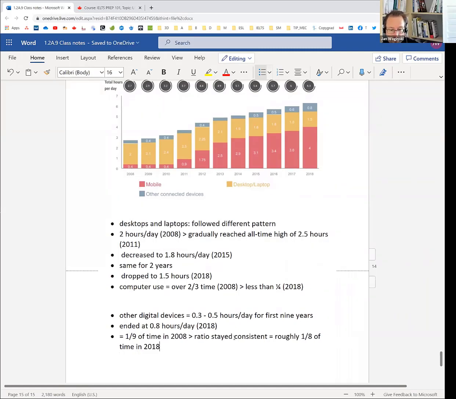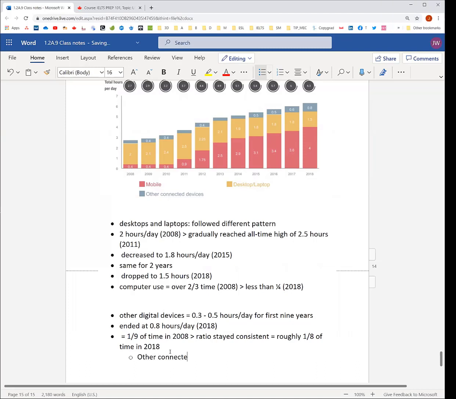Okay, so we're on other connected devices. Sorry, other connected devices made up 1/9 of time in 2018. Ratio. Spent. Staying consistent.